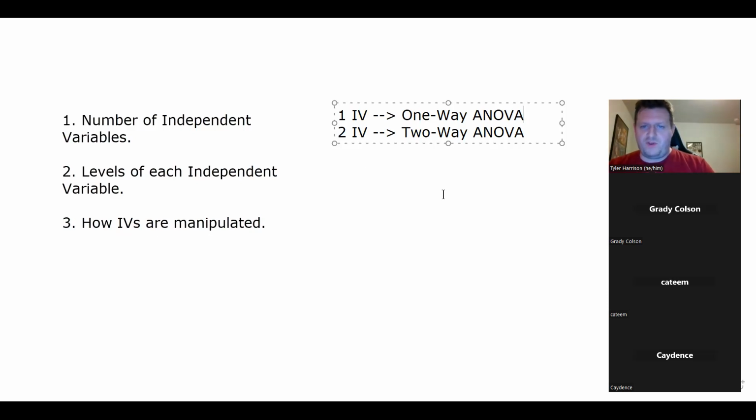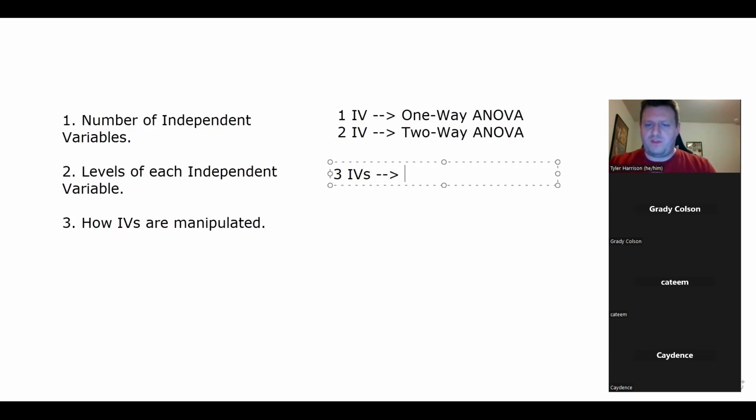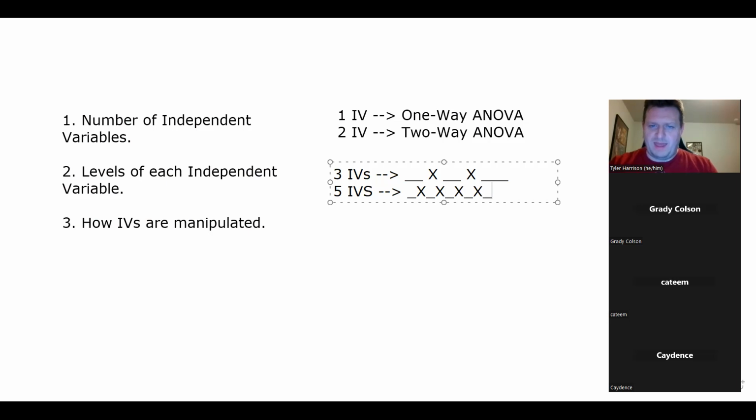So for instance, if I have three independent variables, my ANOVA is going to be a blank by blank by blank. I've got three numbers there. If I've got five independent variables, I'm going to have a blank by blank by blank by blank by blank ANOVA. You would never want to do that. That'd be crazy to analyze, but just to give you a flavor here.